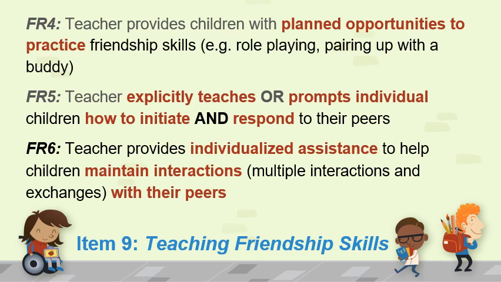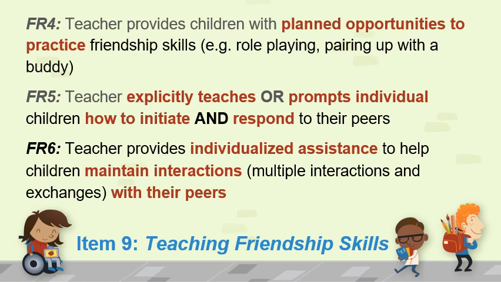For FR5, teacher explicitly teaches or prompts individual children how to initiate and respond to their peers. This is the teacher showing them and then giving them a response to use with their peers.